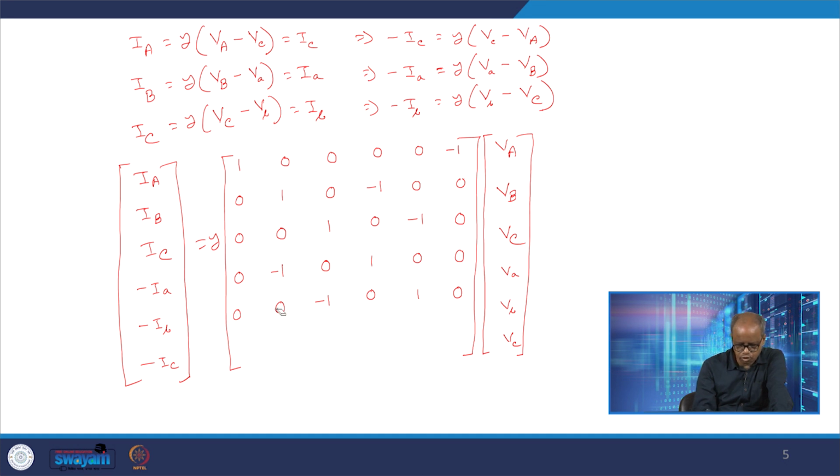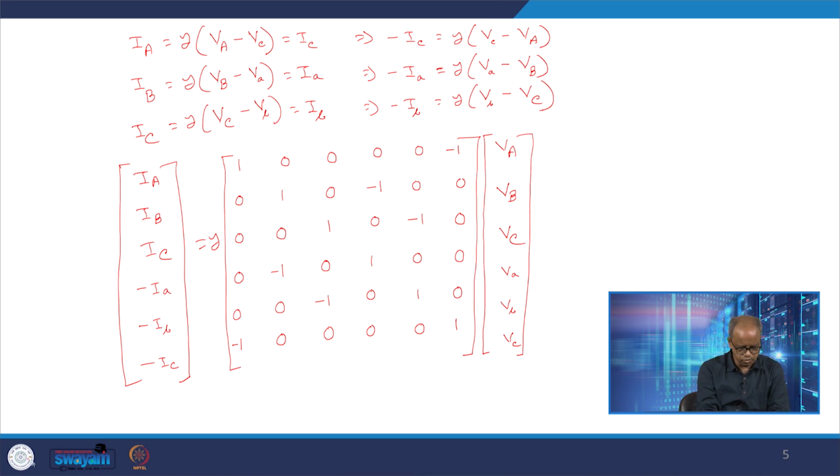So, it would be minus 1 0 0 and VC. So, 0 0 1. So, this is the 6 cross 6 matrix.